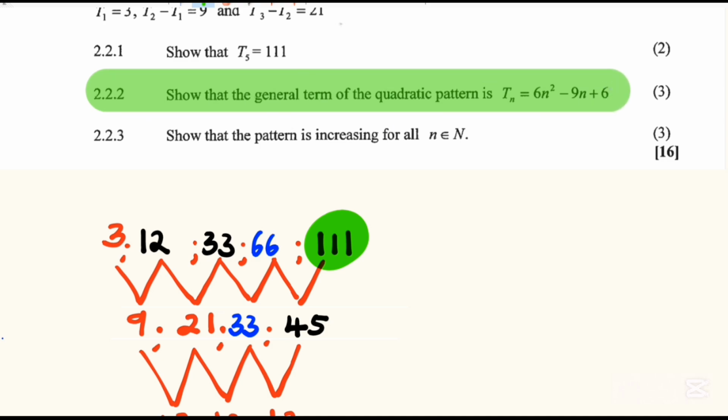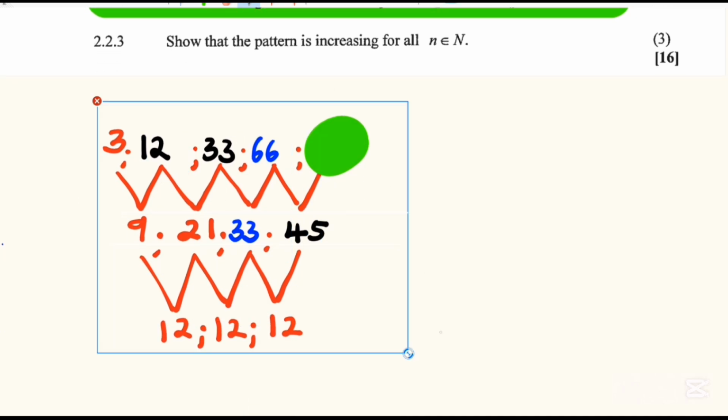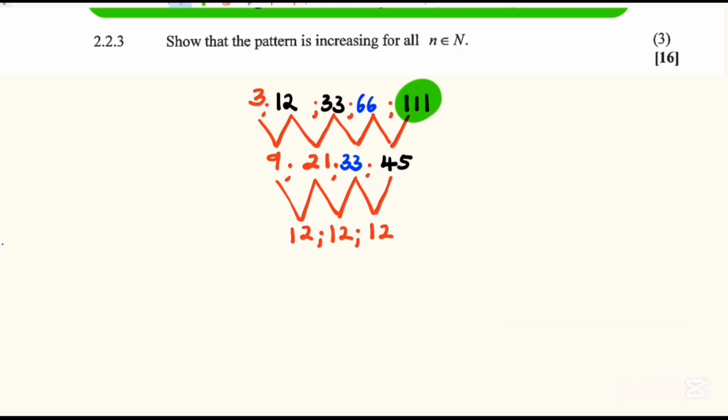2.2.2: we show that the general term of the quadratic pattern is Tn is equal to 6n squared minus 9n plus 6. For a quadratic number pattern, we have 2a is equal to the second difference.